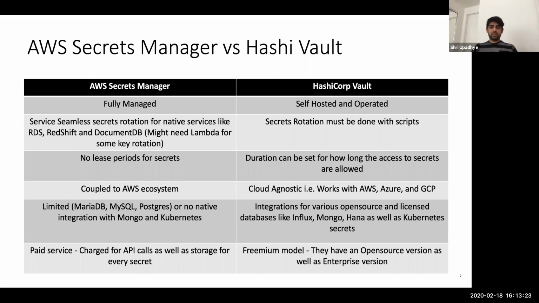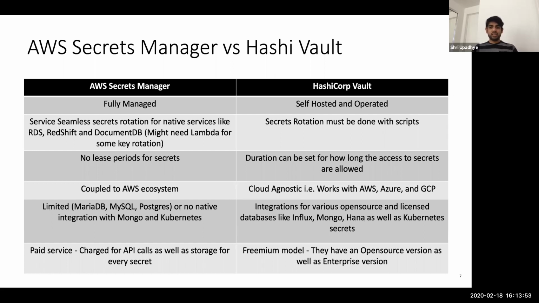AWS Secrets Manager is obviously coupled very nicely with the AWS ecosystem, whereas HashiCorp Vault is cloud agnostic. It works across AWS, Azure, GCP, and other cloud providers as well. AWS Secrets Manager has very limited support for other open source tools like MariaDB, MySQL, or MongoDB, and offers minimal to no native support for Kubernetes and other kinds of infrastructure.